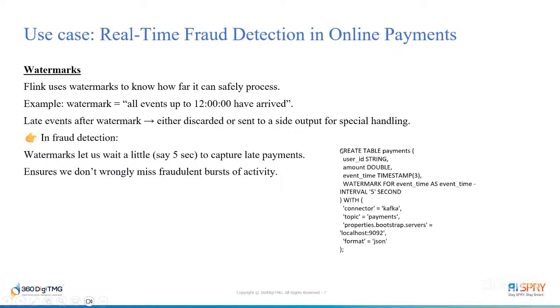You see here I have inserted an SQL query where we are creating a table, and this table we are creating for Flink. And in this table payments, this is not a regular table.